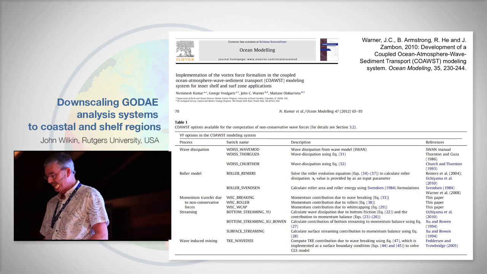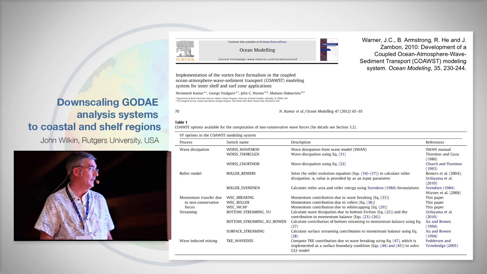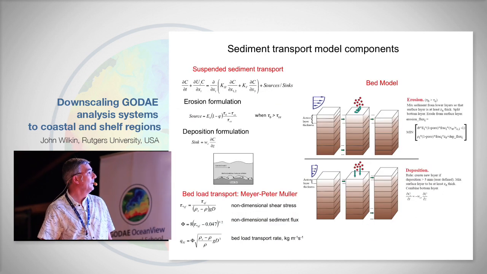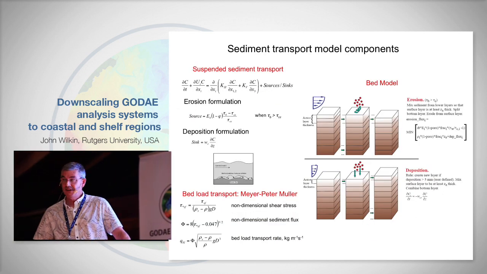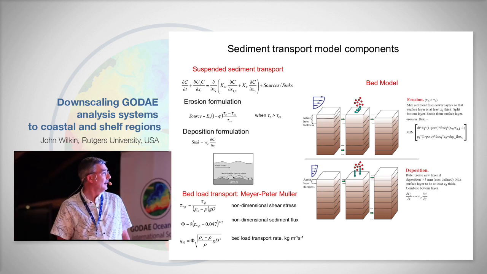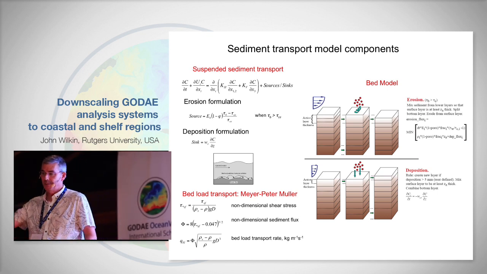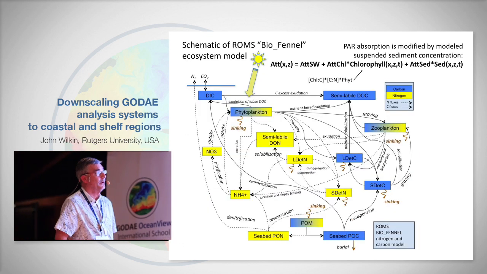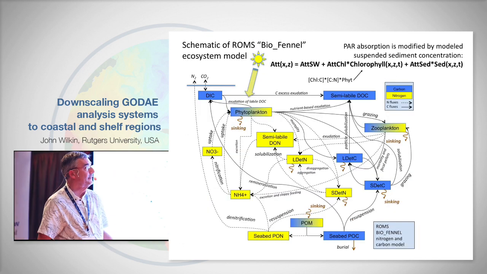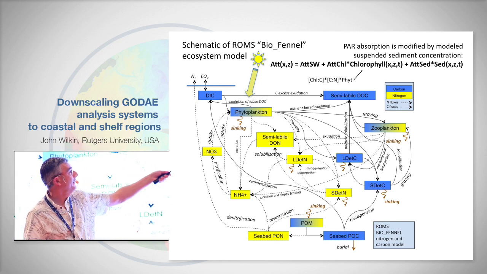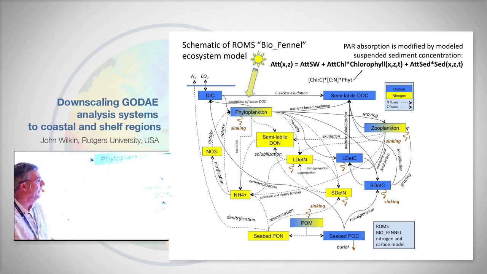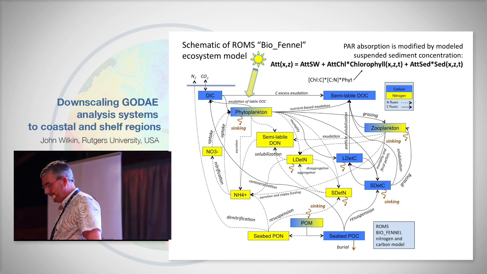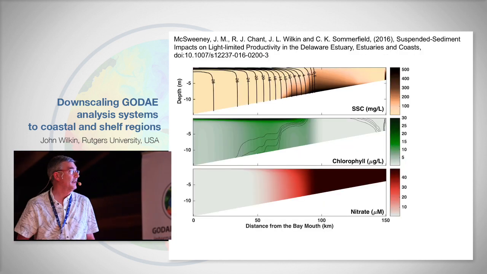More physics is always better, but you need to have the resolution to resolve it. We have sediment transport models that can move bed load, suspend sediment into the water column. We've done some work where we allow that suspended sediment to actually affect the light attenuation along with chlorophyll in an ecosystem model. And in certain estuary environments, that becomes important.